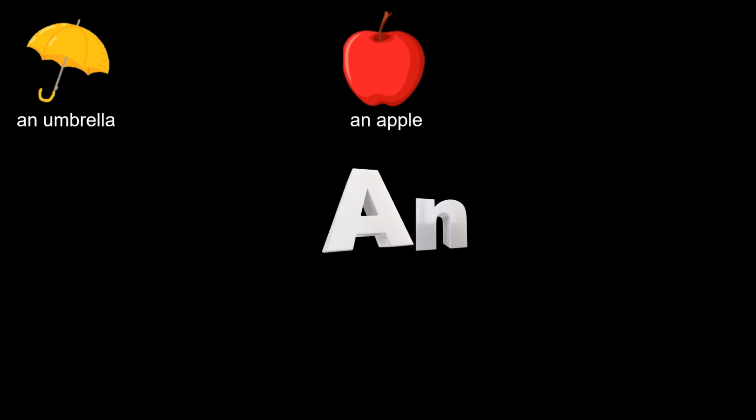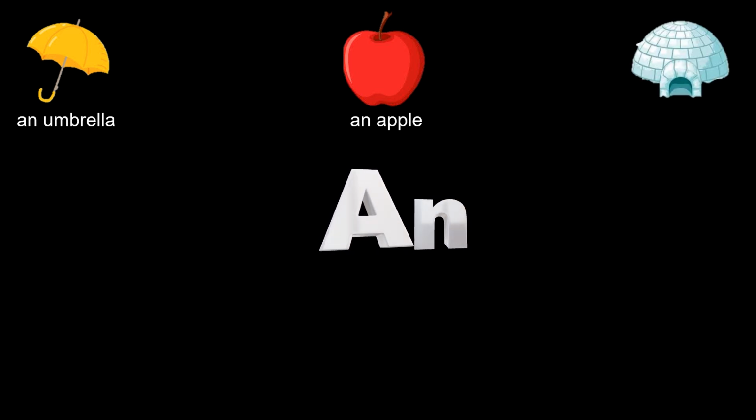Similarly, article an. We know article an is used with the singular nouns that start with vowel sound. Let's see the examples. What's this? This is an umbrella. Umbrella because the pronunciation is starting from a. This is apple starting from a. So that's why an apple.